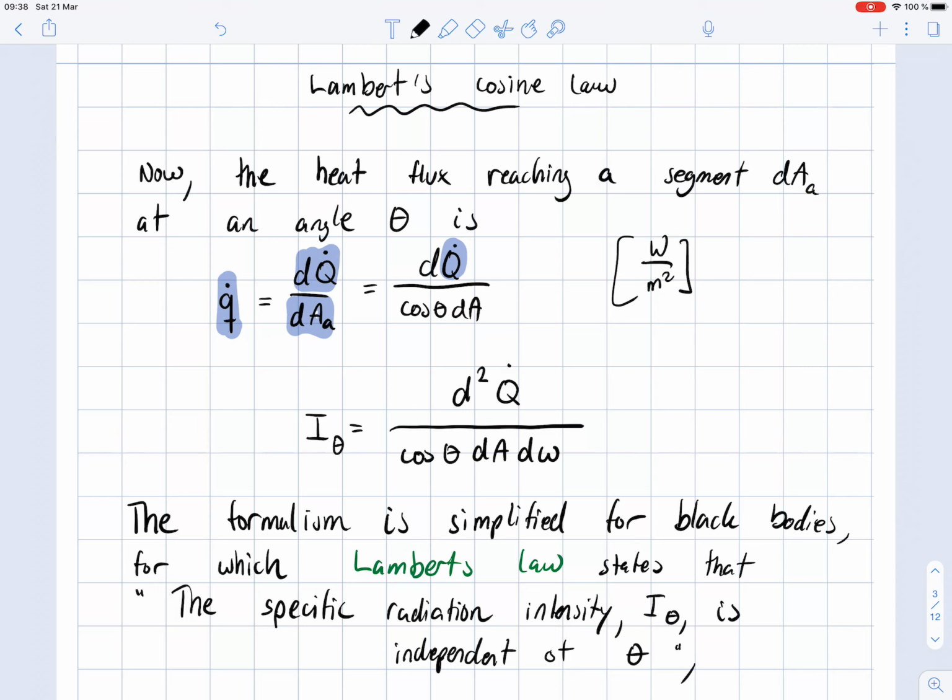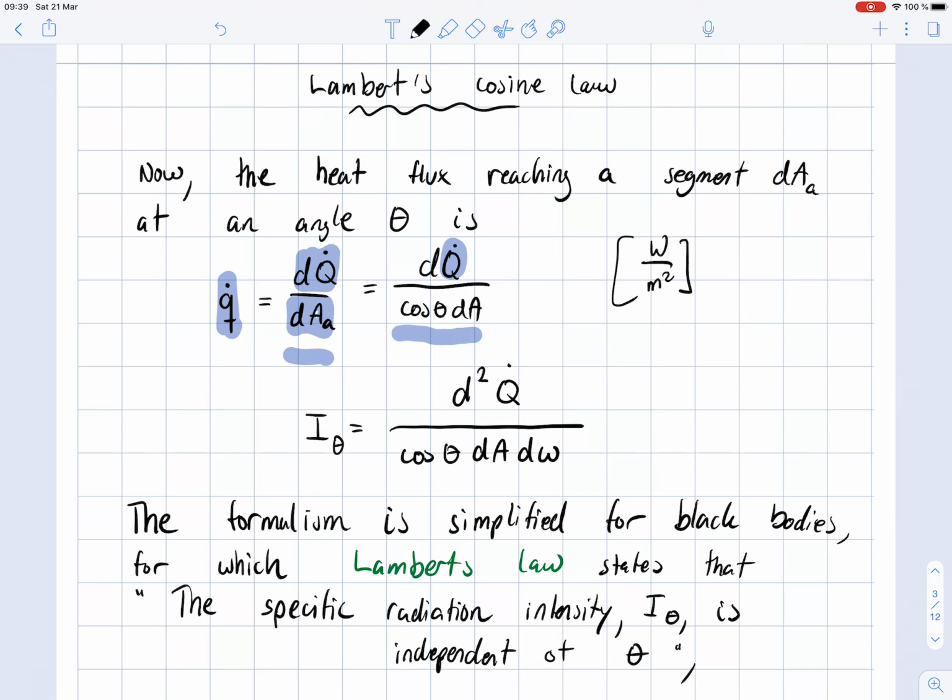And we have now seen that this apparent area equals cosine theta of the actual area, right? So this is the definition that we introduced from geometry earlier.